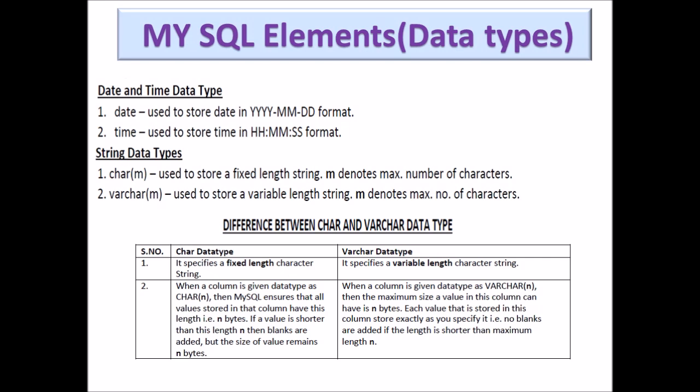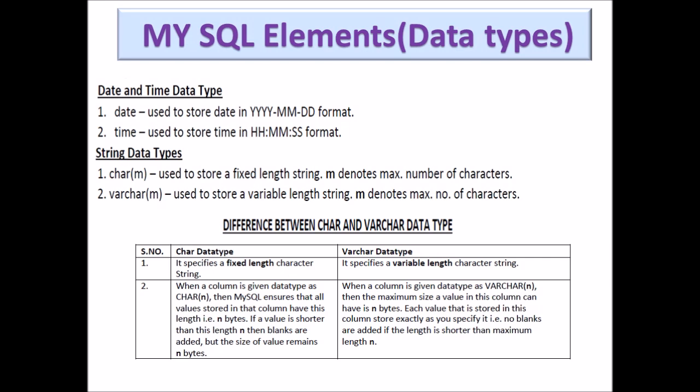In terms of variable character, when a column is given the data type varchar n, the maximum size a value in this column can have is n bytes. Each value is stored exactly as you specify. That means no blanks are added if the length is shorter than the maximum length n. So this is the main difference between char and varchar.